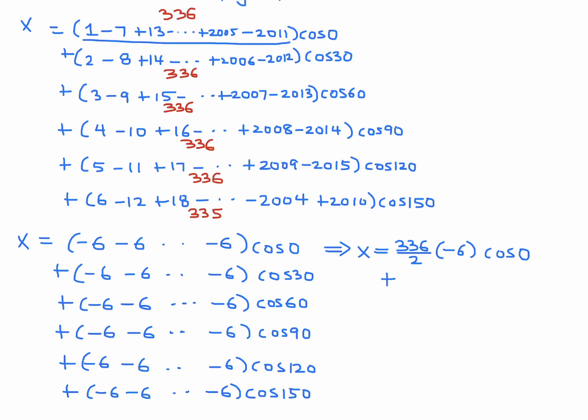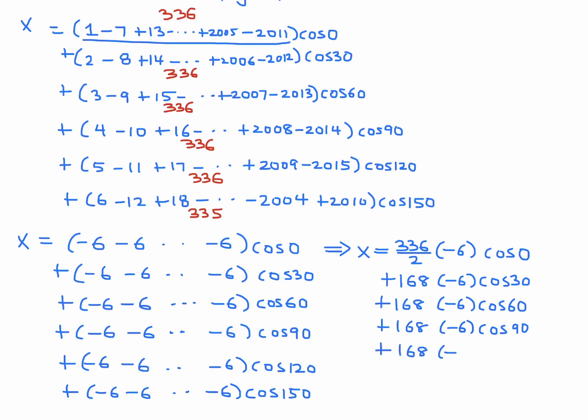And similarly, it'll be 336 divided by 2, which is 168, times minus 6, cos 30. And very similarly, 168 times minus 6, cos 60, plus 168 times minus 6, cos 90, plus 168 times minus 6, cos 120.